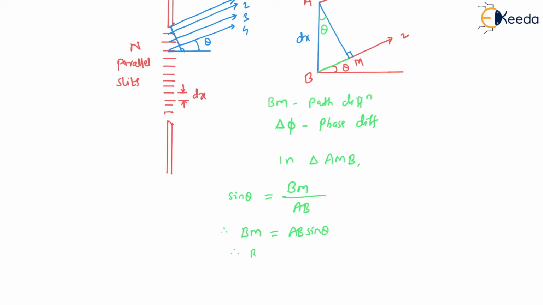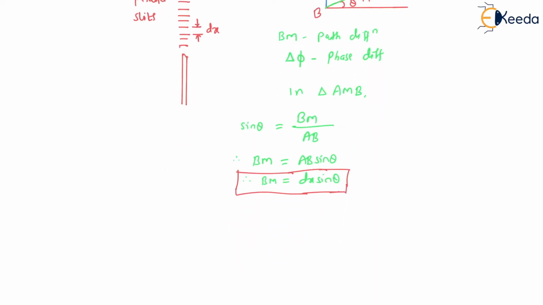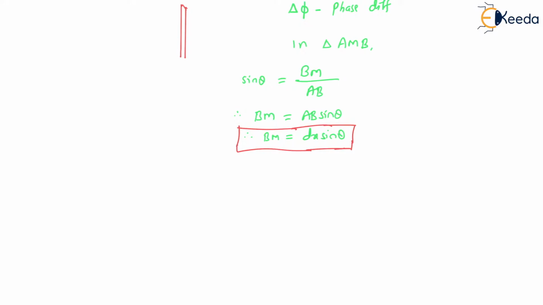And again from the diagram we know that the value of AB is dx, so it will be dx sine theta. So this dx sine theta, what is it? It is the path difference between the first and second. So this is the path difference. Now let the phase difference be delta phi, as I have already written it.